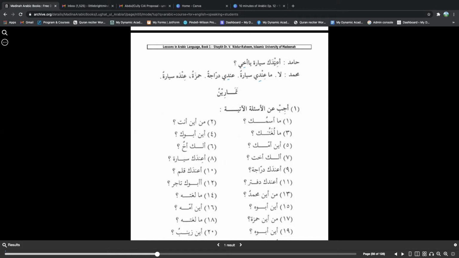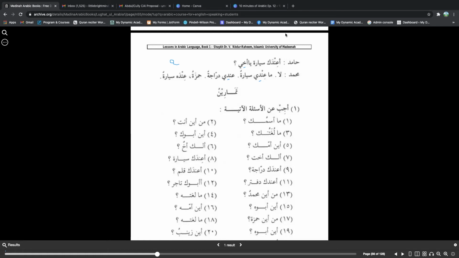So this is what the ha for huwa, for him or his, looks like when it's not connected to the word. It looks different. When it's connected to the word, you see how it comes out and then comes around. But with inda, it can't connect to the dal, so that's why it's separated like that. Indahu siyaratan, he has a car.